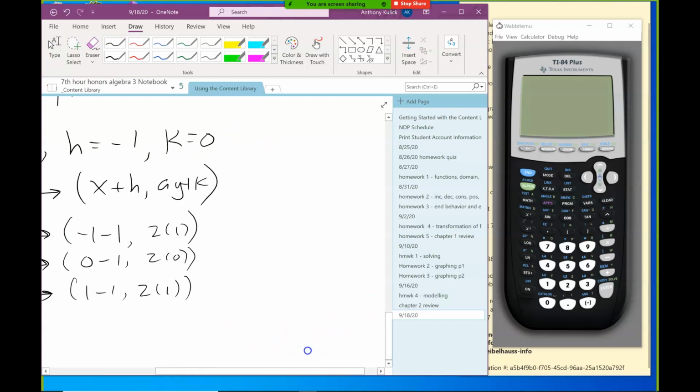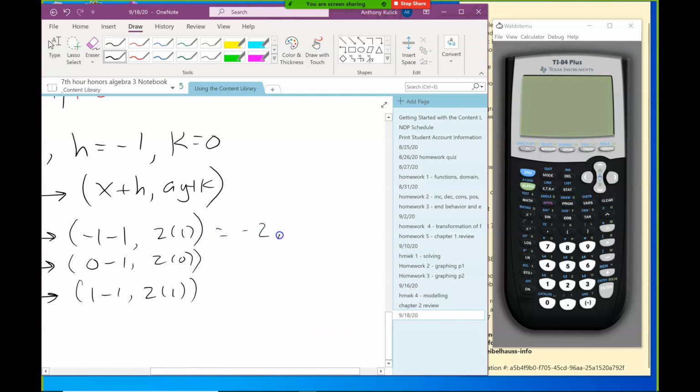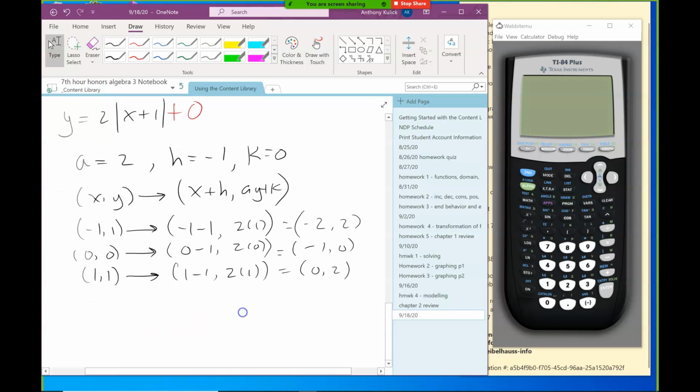So that gives me negative 2, 2. And then negative 1, 0. And then 0, 2. Is that okay? Yeah. And you're good plotting those and drawing the picture, right? Yeah, that's no big deal. Yeah, of course.